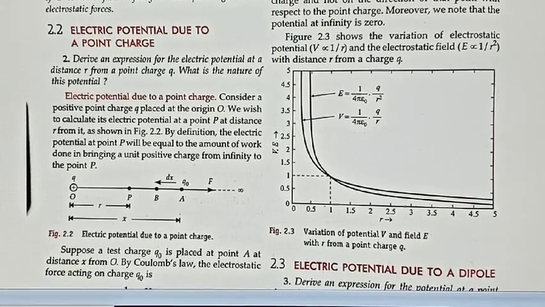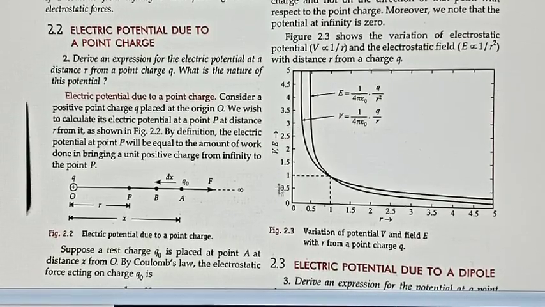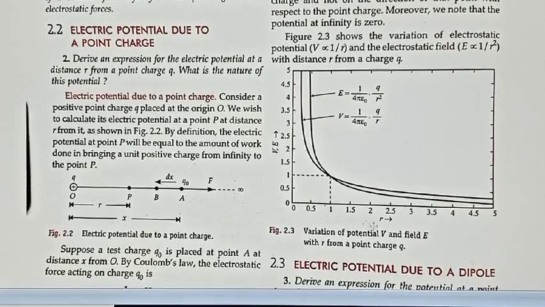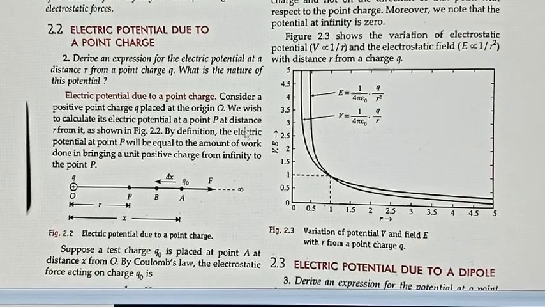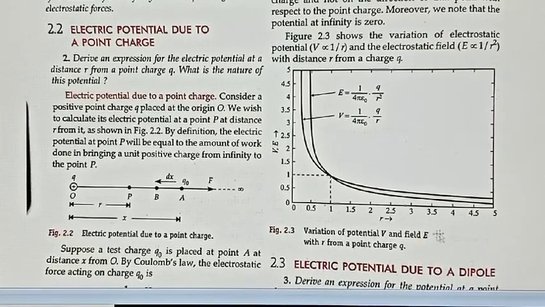So for potential it is 1 by R variation, I mean V is proportional to 1 by R, and for electric field E is proportional to 1 by R square. So if you draw a graph between E versus R or V versus R, we have considered V and E along the y-axis and R along the x-axis.